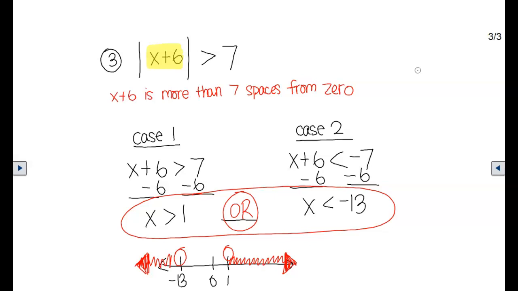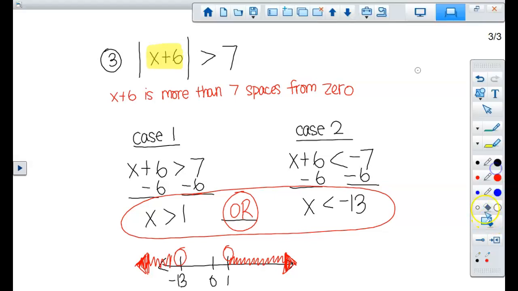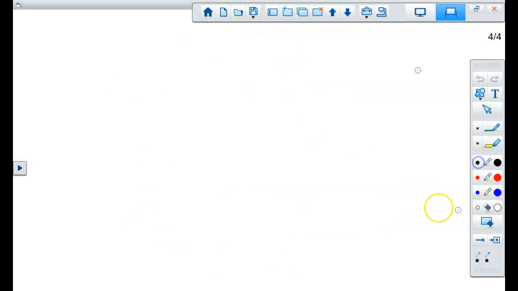X can be greater than 1 or x can be less than negative 13 in order to make the absolute value of x plus 6 greater than 7. So think about how to make these 2 cases.